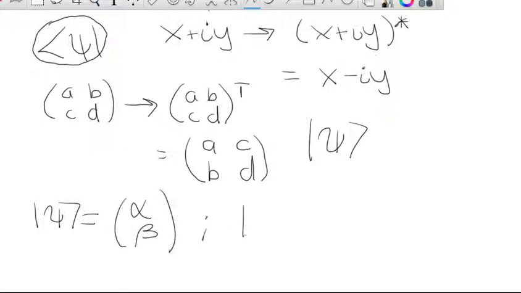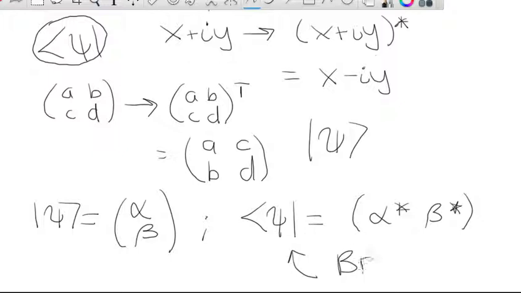Now coming back here, bra of psi is equal to, now we take the complex conjugate, so what we'll have is alpha star and beta star, and all the rows, so this column now becomes a row, which is a transpose. So we have a row here with alpha star and beta star. So this is the bra now.